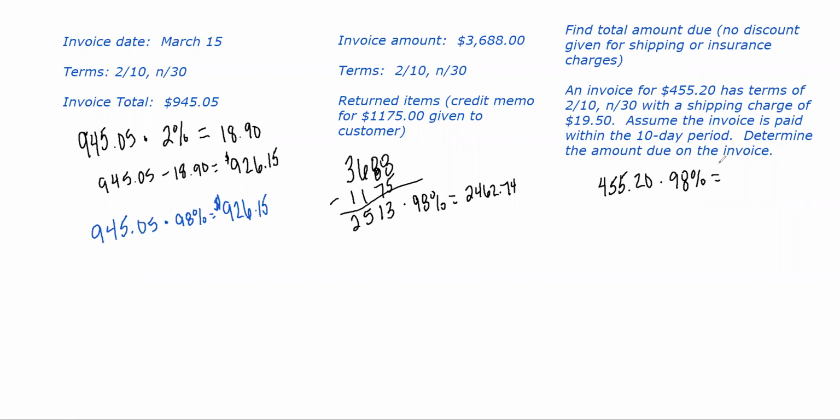So that's going to give me $446.10 total. So that's how much they have to pay if they pay that in that 10-day period. Then I have to add the shipping to that. So then I'm going to add the $19.50. Notice I took the discount before I added the shipping because they don't get a discount on the shipping. When I add the shipping, it's going to be $465.60. So that's going to be the total amount due if they pay it within that 10 days.